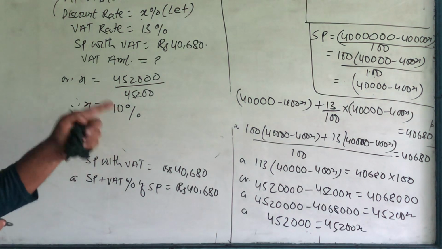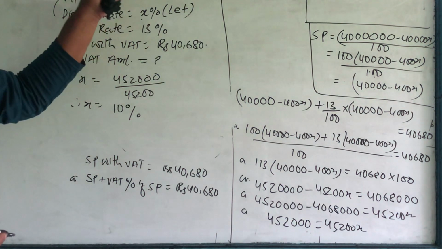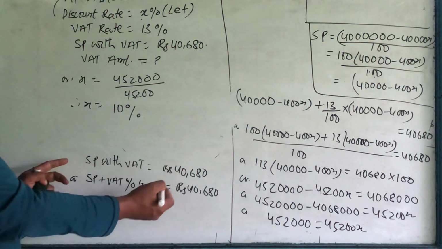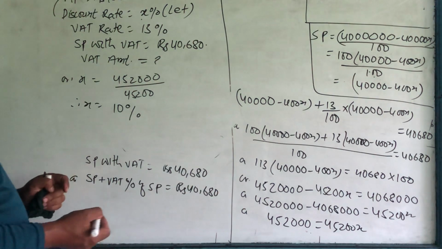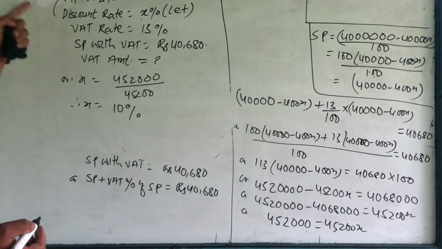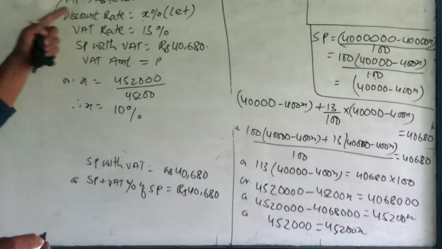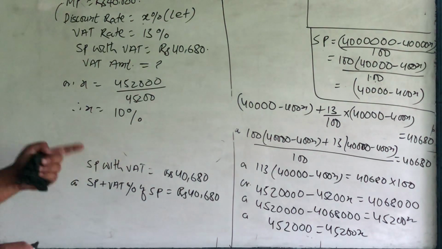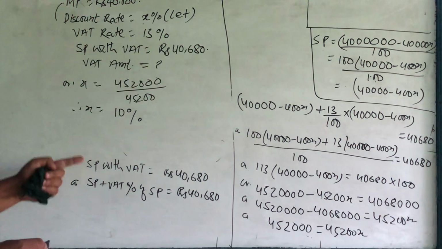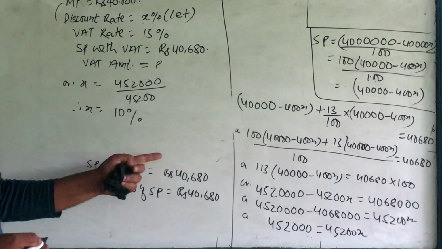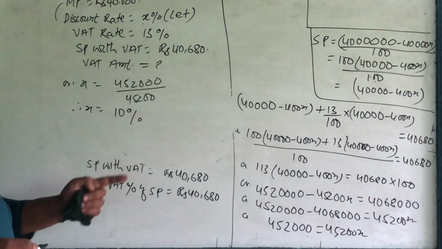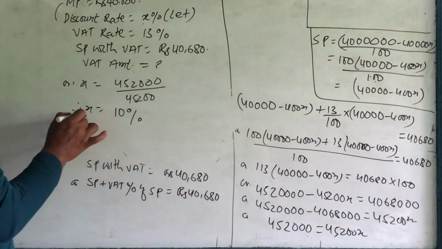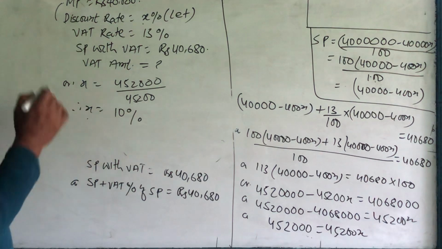It means students, we got the discount rate is 10%. It is just like an algebraic simplification, the same process: MP, then discount rate, you can get the SP, MP minus discount of MP, then SP with VAT means SP plus VAT percent of SP. Then when you simplify, the value of x you get is 10%.